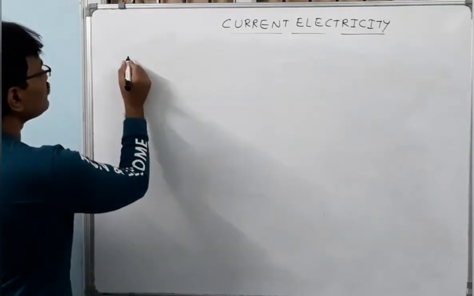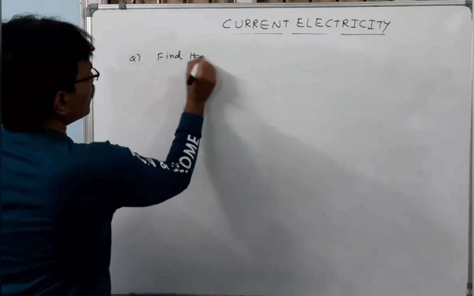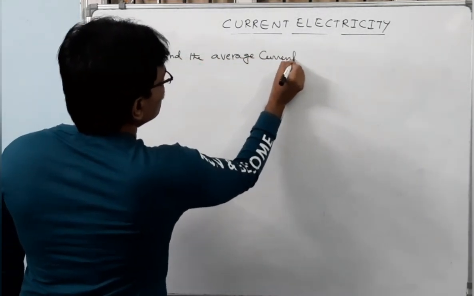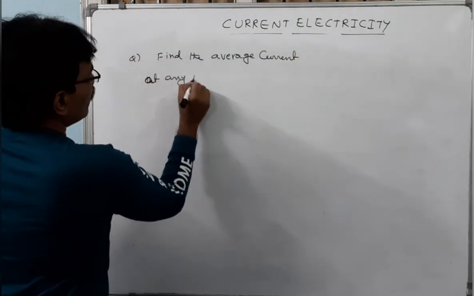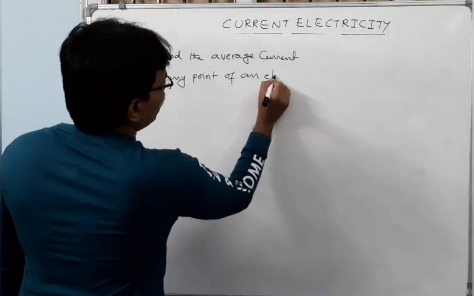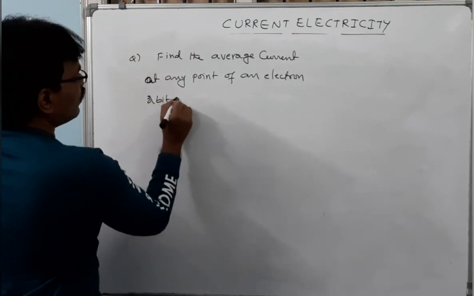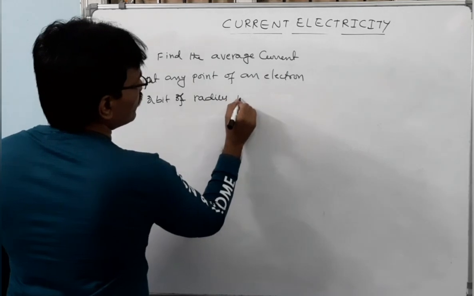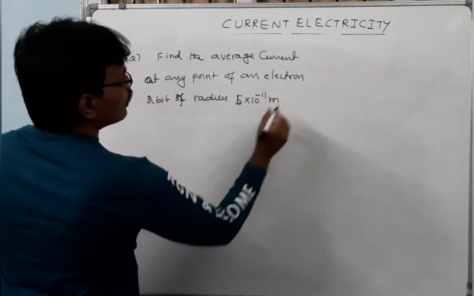Next question. Find the average current at any point of an electron orbit of radius 5 into 10 power minus 11 meters.